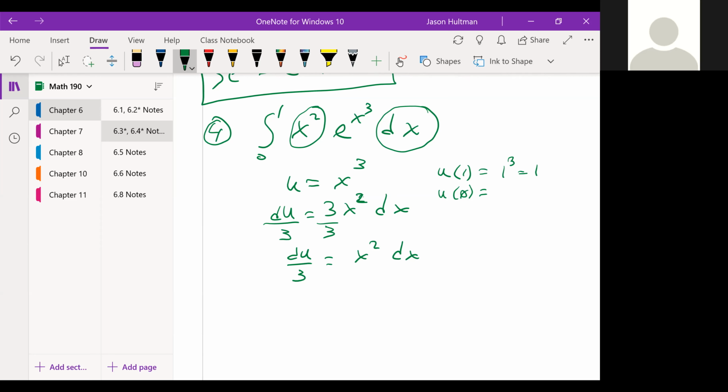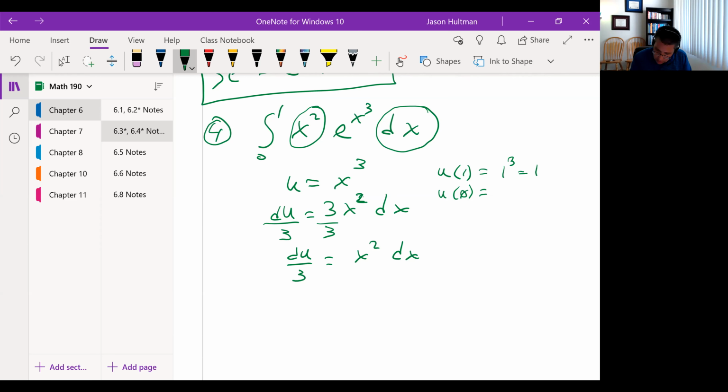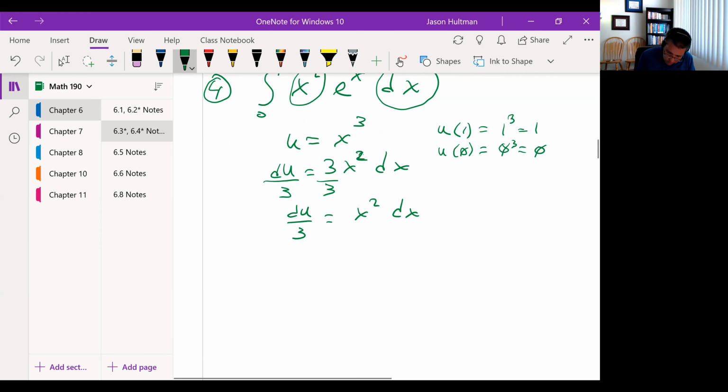Thank you, Sierra. Okay, u of 0 is 0. So what are my limits of integration going to be then? Well, they're going to be exactly the same thing. That's kind of convenient. 0 to 1 of e to the u du over 3.